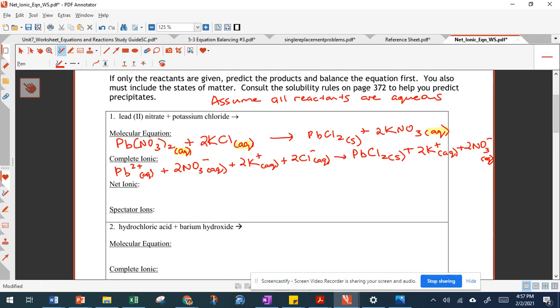Okay, for the net ionic equation, we're going to look for anything that is on both sides of our equation and cross it out. So we see potassium's on both sides, so we're going to cross that out. We see that nitrate is on both sides, so we're going to cross that out. We're only going to write what is left after we've crossed those things out in our net ionic equation.